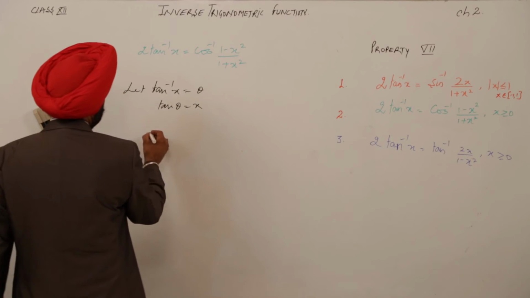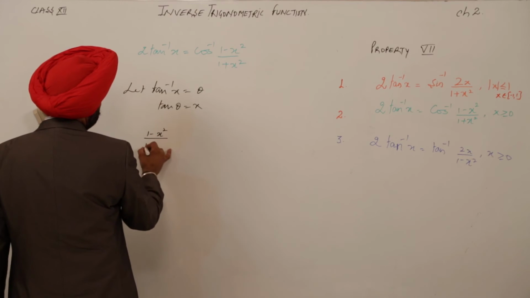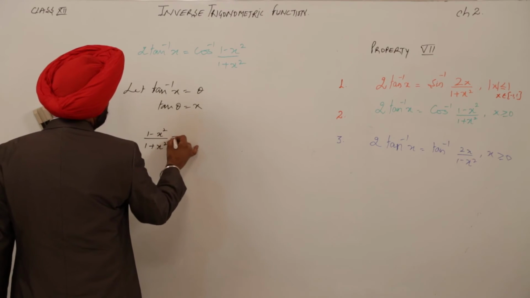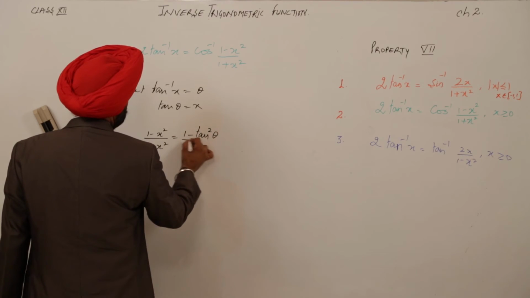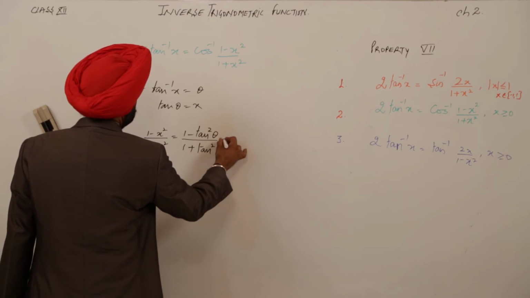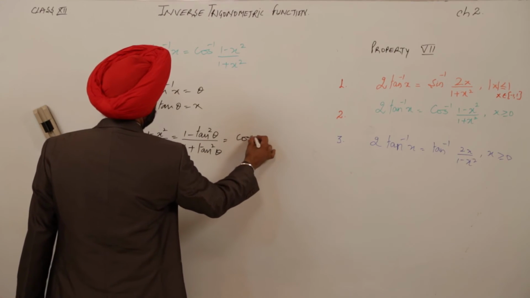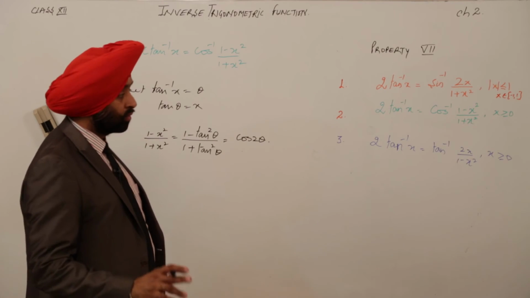We are getting 1 minus x square upon 1 plus x square is equal to 1 minus tan square theta upon 1 plus tan square theta, and this is what? This is cos 2 theta. This formula is for cos 2 theta.